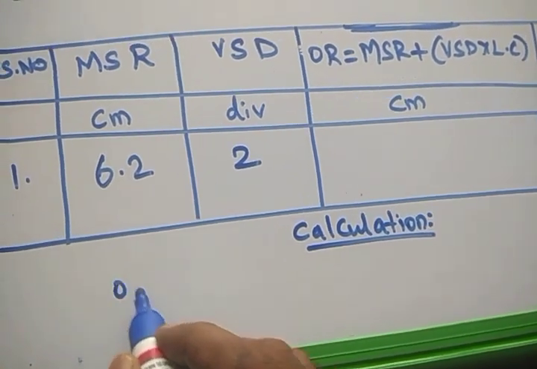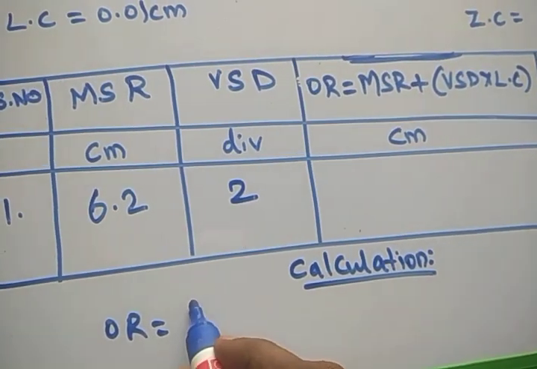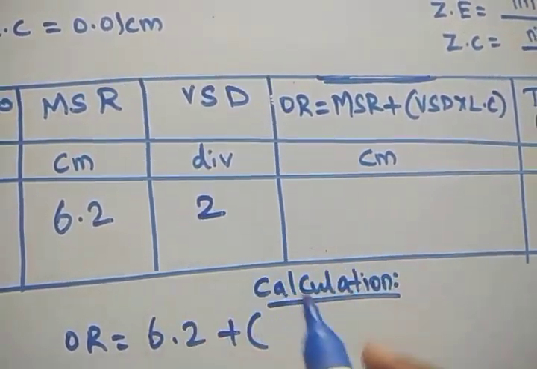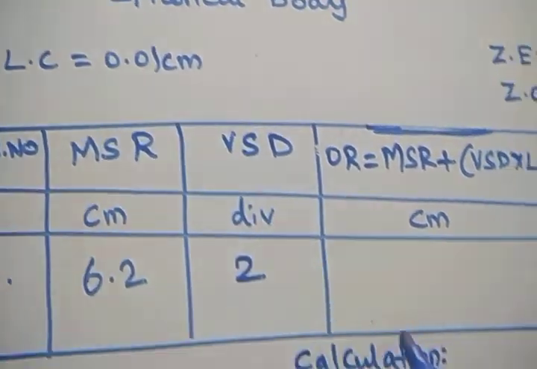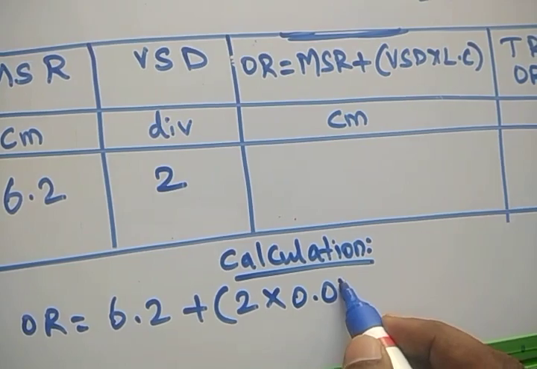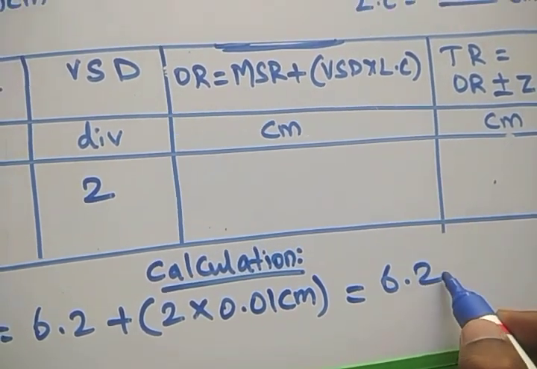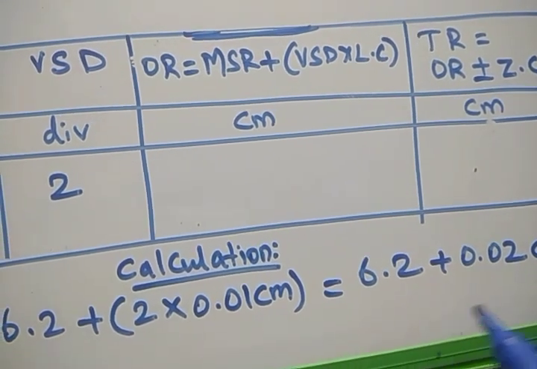In the calculation part you have to write: observed reading OR is equal to main scale reading, which is 6.2, plus the vernier scale division, which is 2, into the least count, which is 0.01 centimeter. So the answer is 6.2 plus 0.02 centimeter. What is the answer?